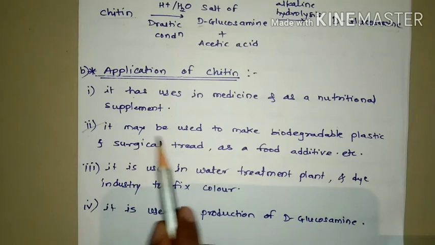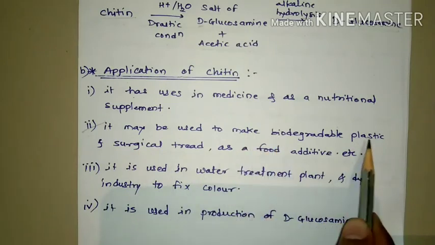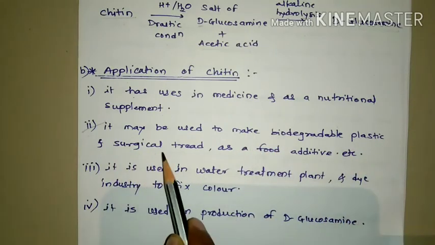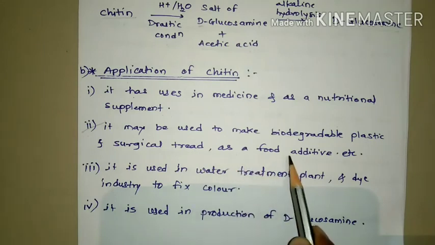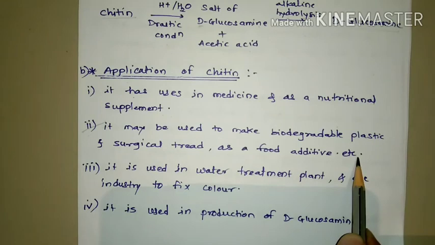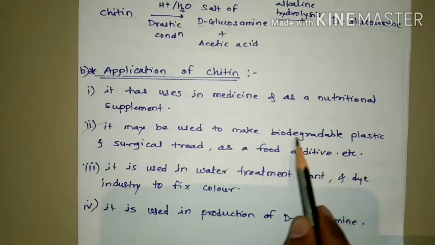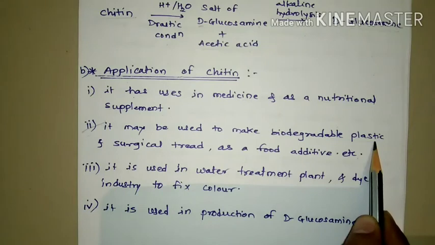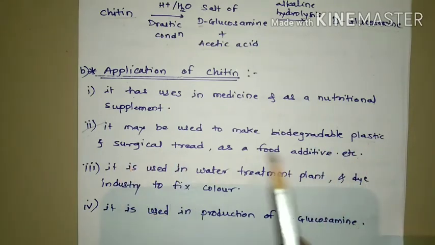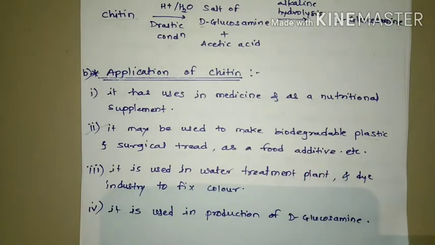Second, it may be used to make biodegradable plastic, surgical threads, and food additives, etc. Degradable plastic means what? That plastic gets easily decomposed, and surgical threads and food additives also.